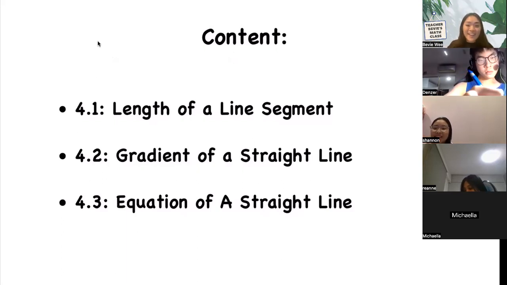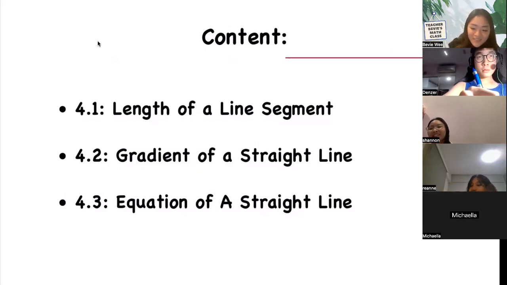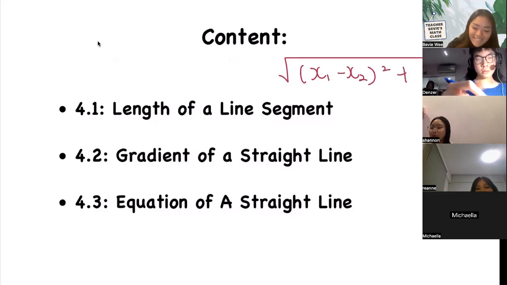Yes, the formula. Is it the square root one? Yes, correct. The square root of x1 minus x2 squared plus y1 minus y2 squared.